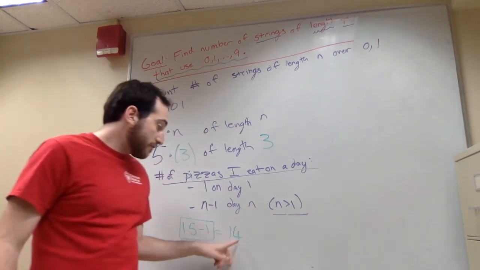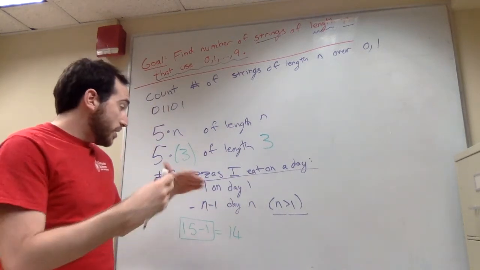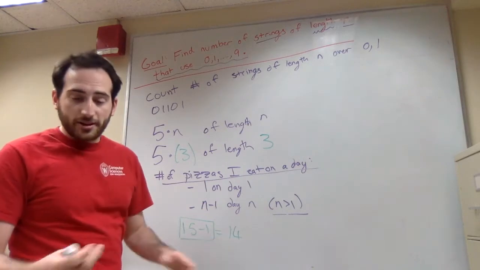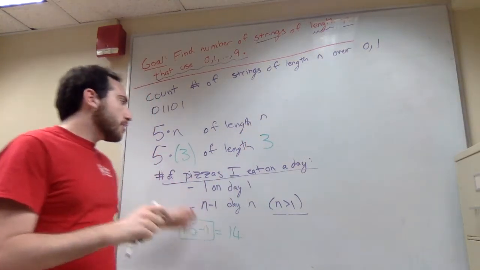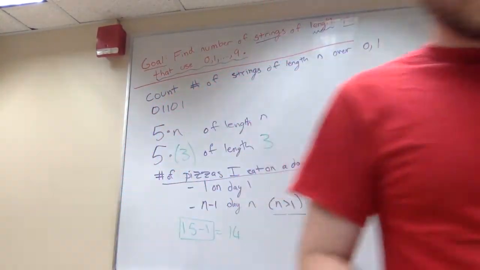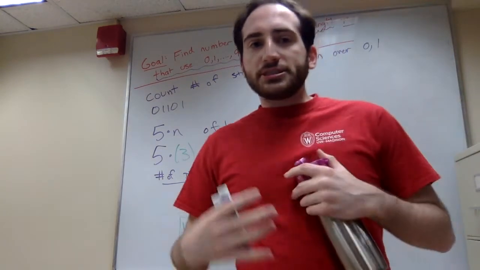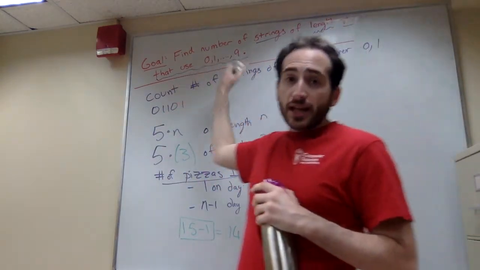So 14 pizzas on day 15. So we can use this formula to calculate something. And now I could plug in 100 for n, I could plug in 1,000,000 for n, and this formula would still work. So that is the idea here, that we're going to figure out this general formula for the number of strings of length n.